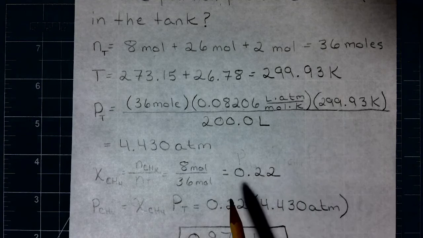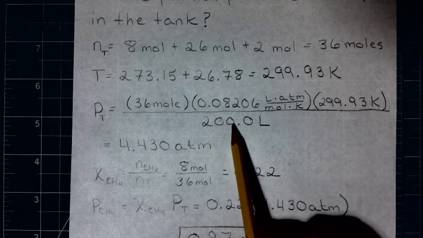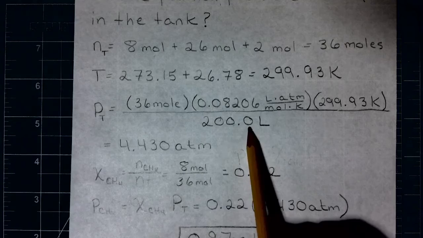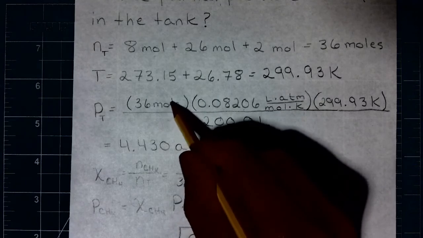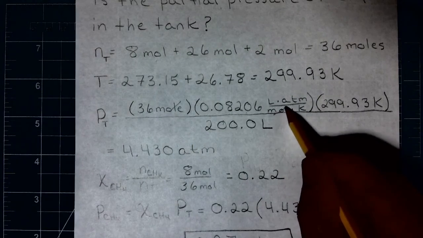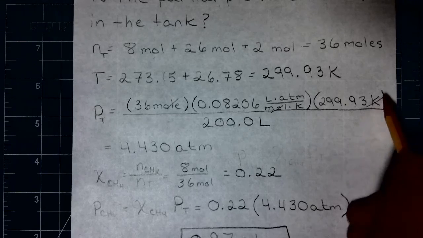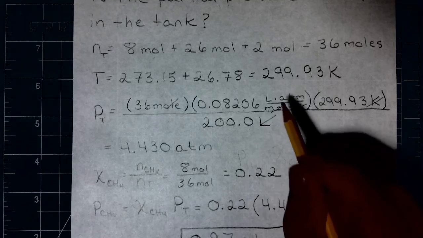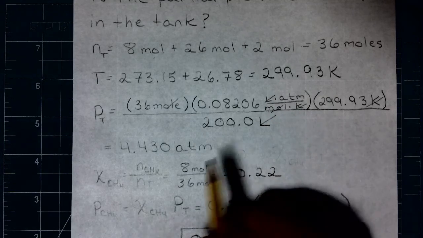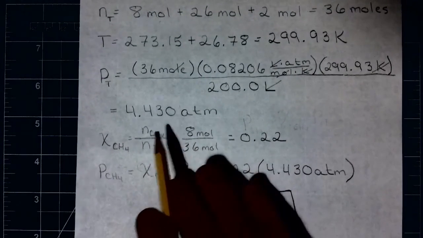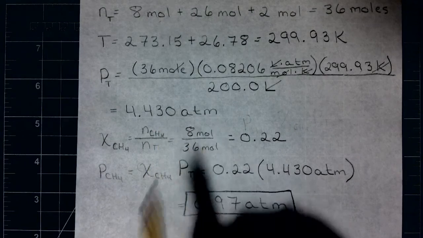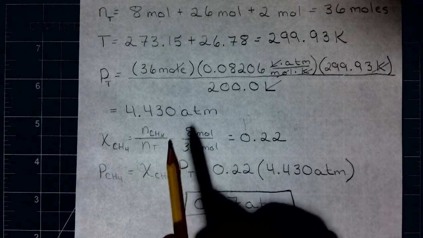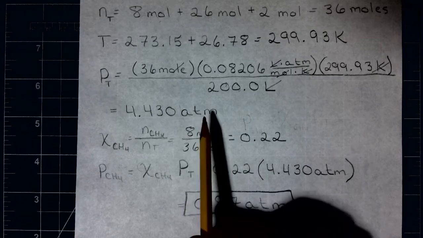We have our temperature, and we have our volume down here. We'll go through and make sure that we're canceling all these units, because that's how we check to make sure we got them all right. And we did, and we see that that's 4.430 atmospheres.